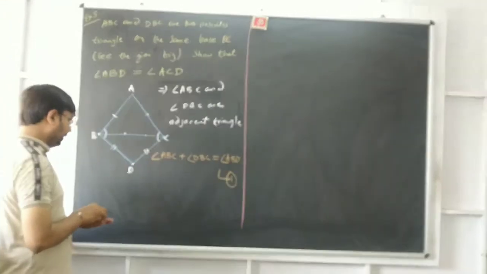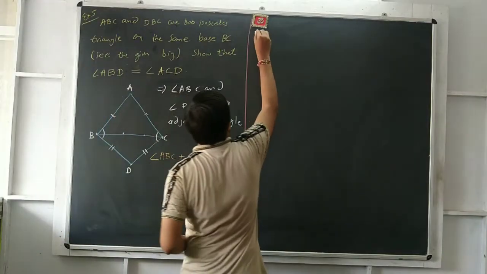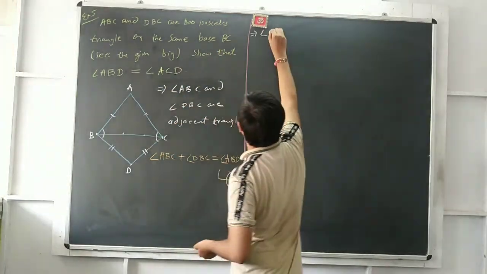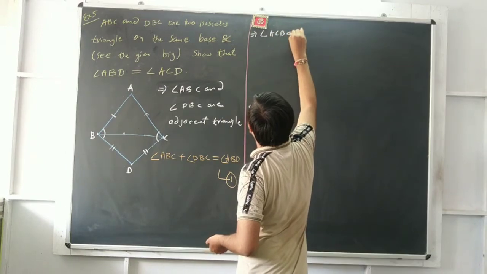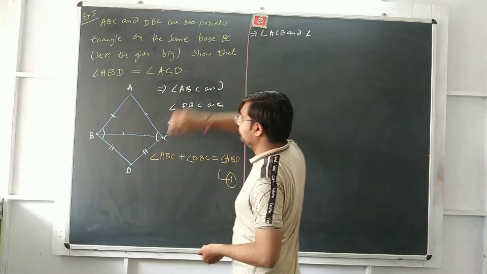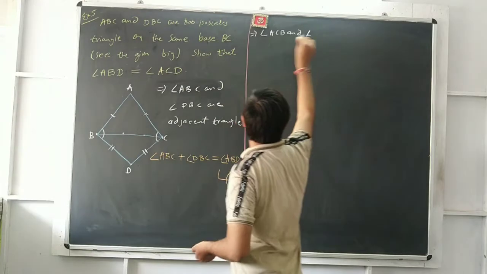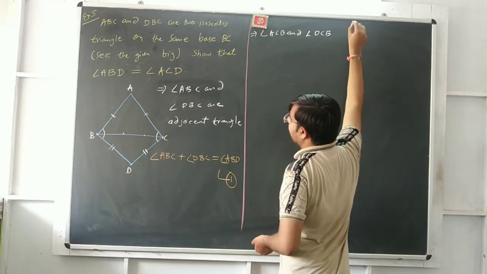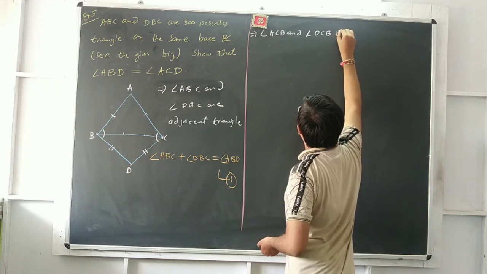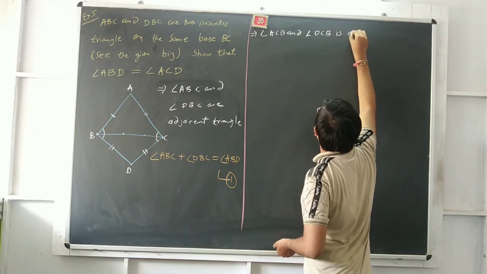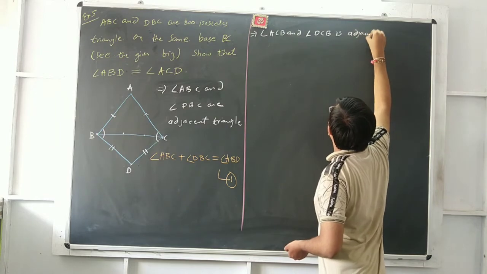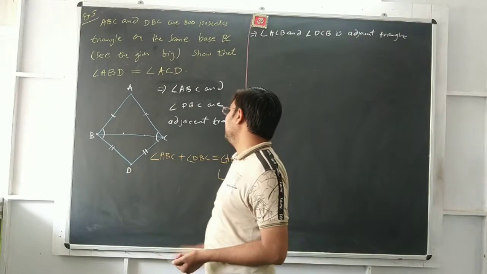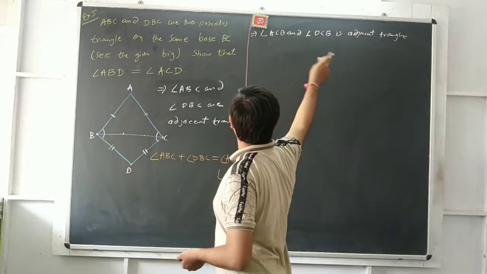Now, also I can write angle ACB and angle DCB are adjacent angles.